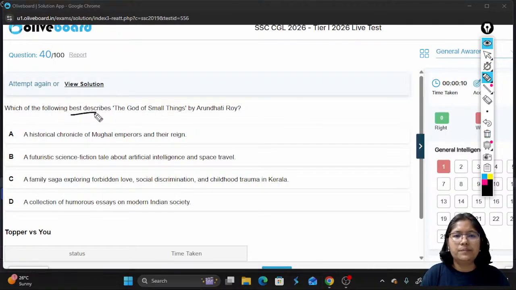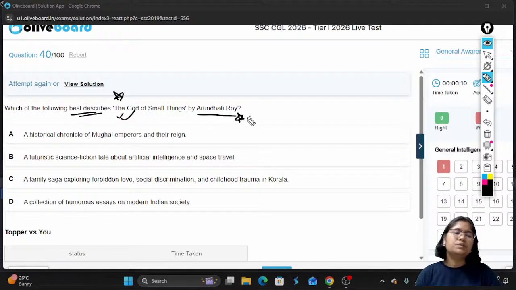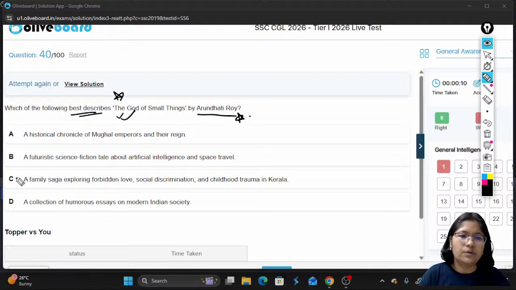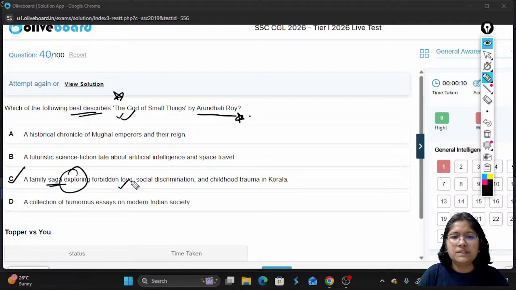Which of the following best describes The God of Small Things by Arundhati Roy? A family saga exploring forbidden love, social discrimination, and childhood trauma in Kerala.